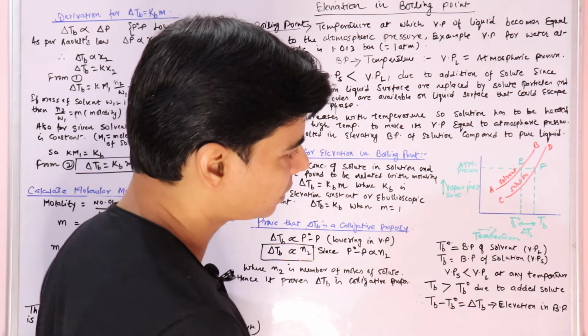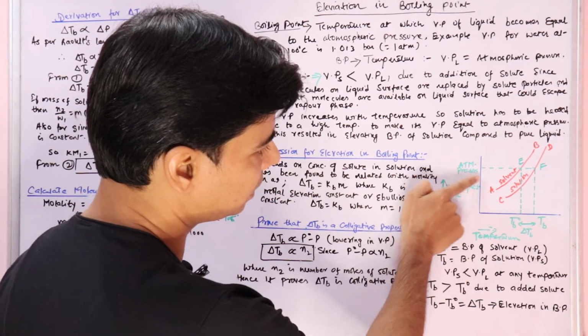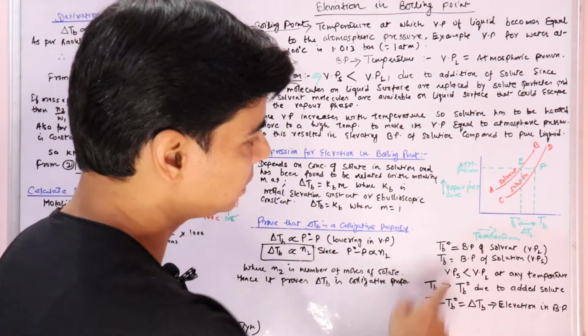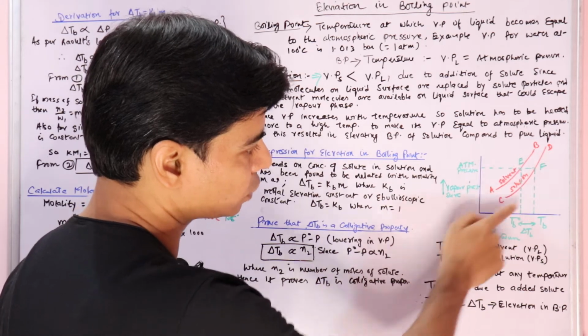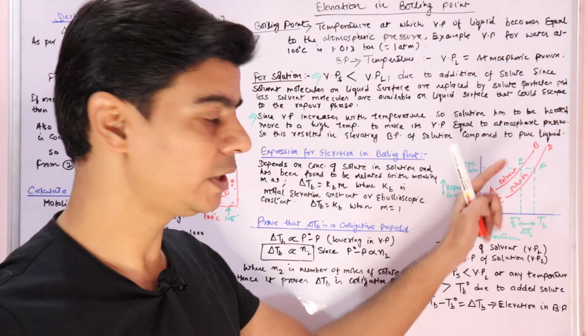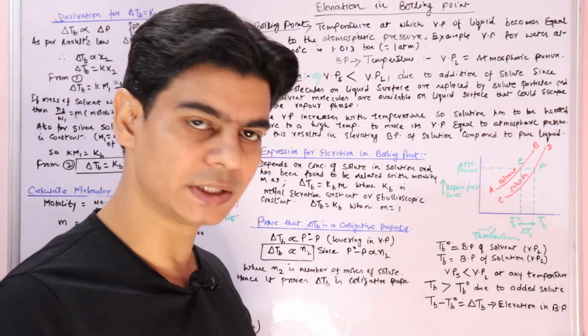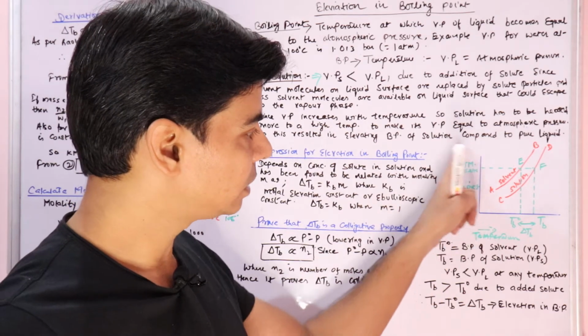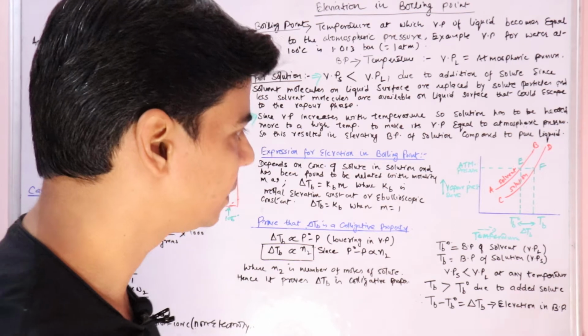So if you look at this graph, this is atmospheric pressure, that is, when the vapor pressure of the solvent and solution becomes equal to the atmospheric pressure, they will start boiling. Now let's see at what temperature the vapor pressure of solvent and solution will become equal to the atmospheric pressure.